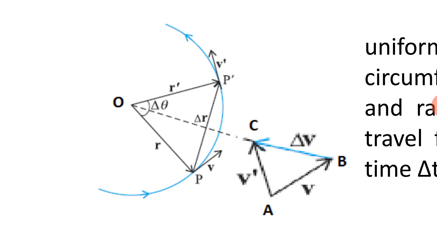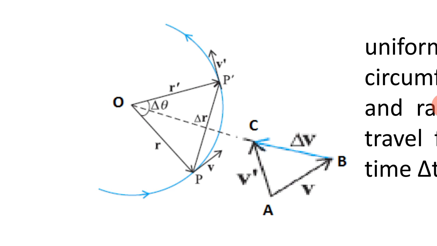Remember, the position of P can be represented with the vector OP, and OP dash is a vector which gives the position of P dash. So let R and R dash be the two vectors which give the position of the 2 points. So now at P the velocity is v, and at P dash the velocity is v dash.